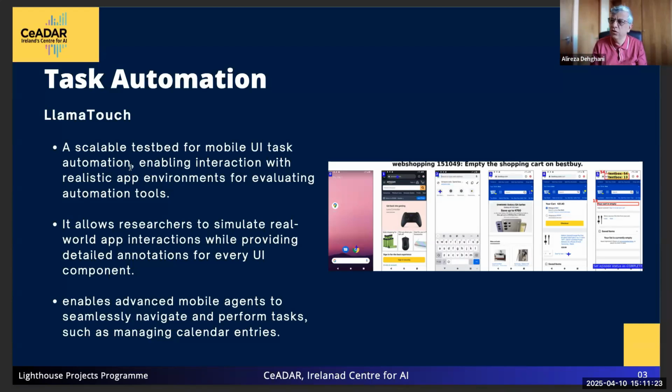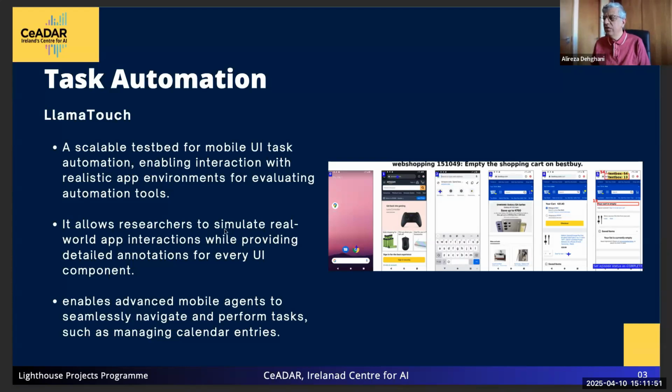And traditionally, you used to give it to testers. Actually, testers used to interact with the application, and then you needed to record all the responses to those kinds of tests, and then accordingly the next step for you was to improve the process, right? But using LLM Touch, you have the opportunity to automate everything. I mean, you can automate the whole process.